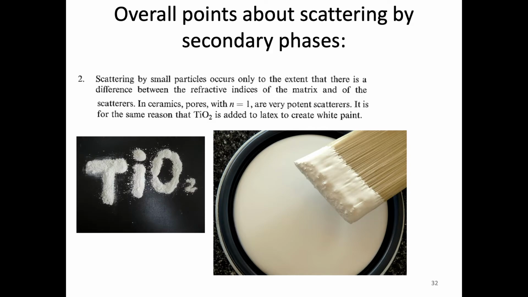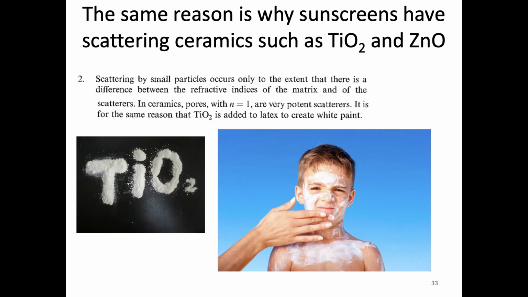Same reason we use it in sunscreens, the non-chemical version or sometimes added to the chemical versions. We often add TiO2 or zinc oxide because they are strong scatterers of light, and that keeps it from getting to you. It can't get through that material, and so these materials become white.